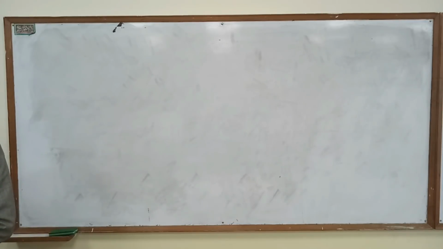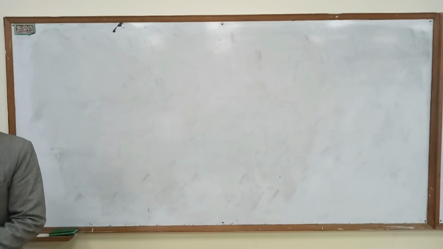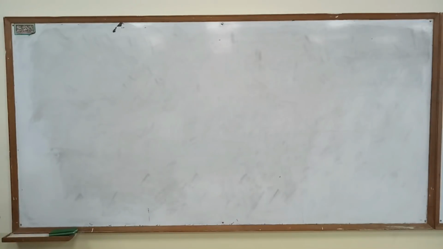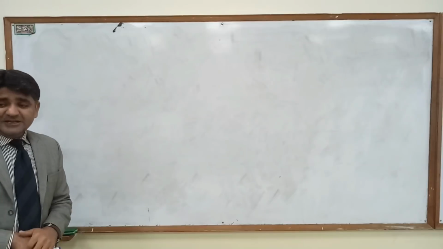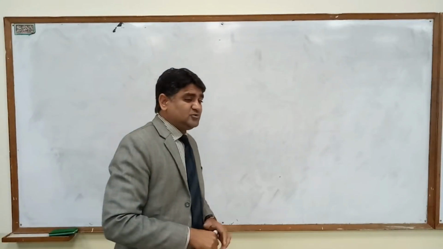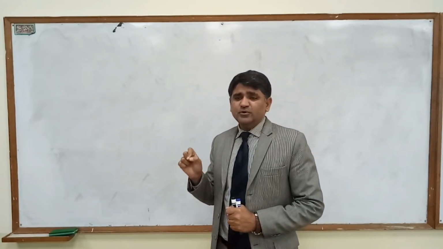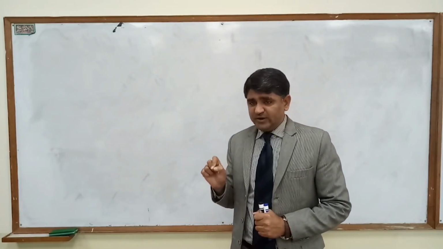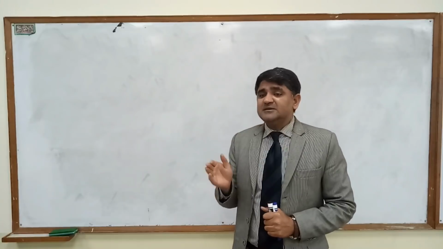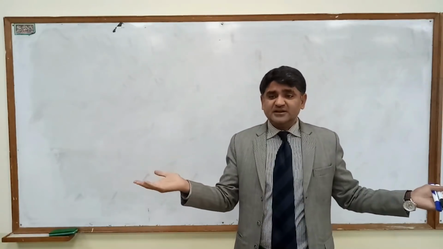Question number 9: m by 2 plus 2m minus 3n whole divided by 5 is equal to 0. Here we have two variables, m and n, and both variables have power 1. We are not concerned if variables are divided by any constant.